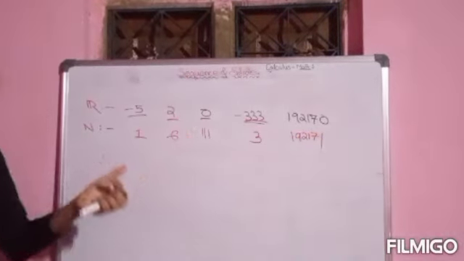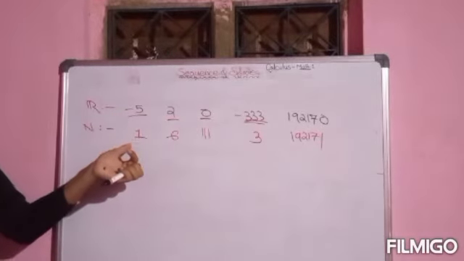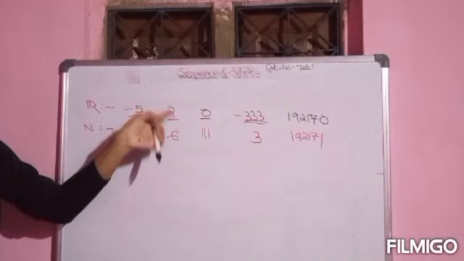So what we are seeing is, for every real number, there is a natural number which is greater than this.